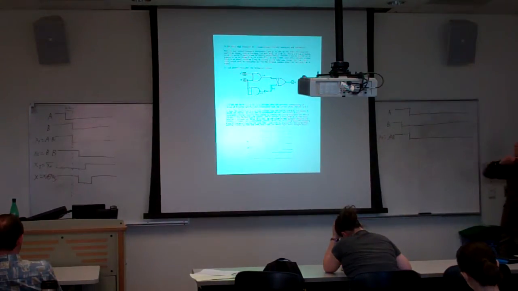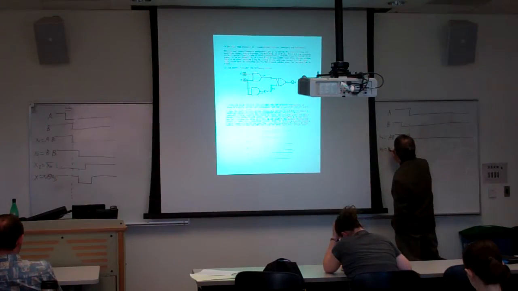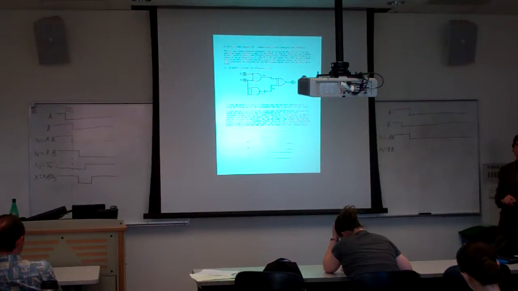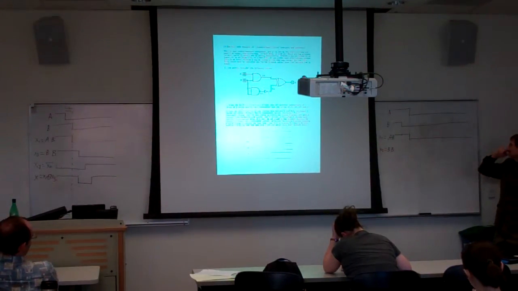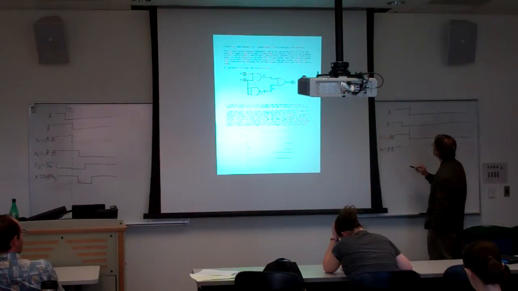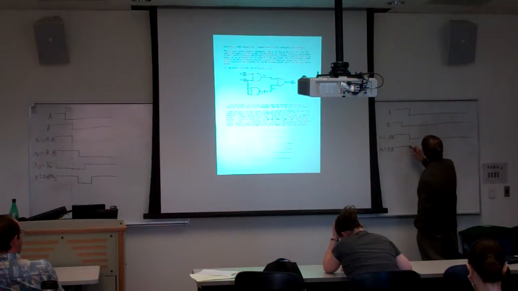Okay, that's our 1 nanosecond length. X2 is just a copy of B delayed by the propagation delay of that AND gate. So when does this drop? It drops at the same time as x1.